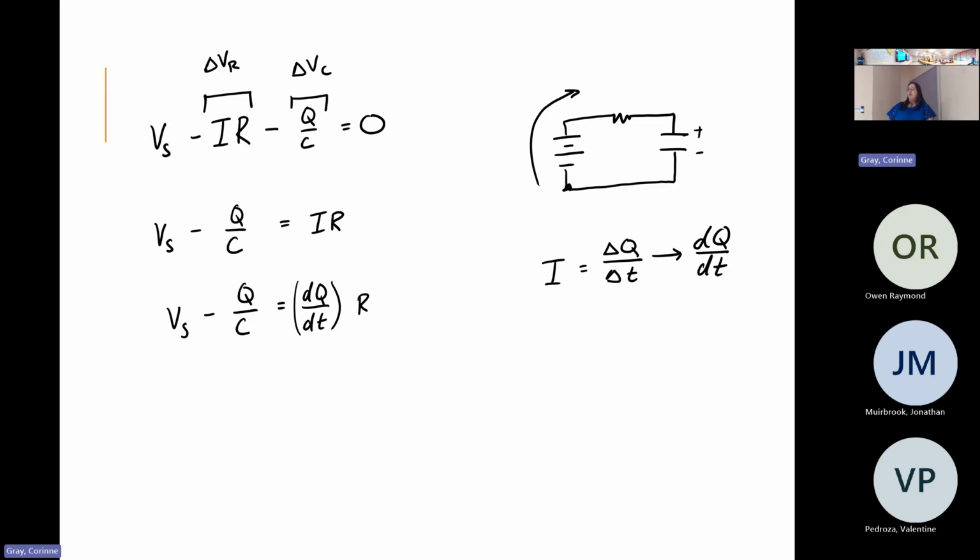I'm not doing it squared or anything like that. I have one thing here. So, first order differential equation.